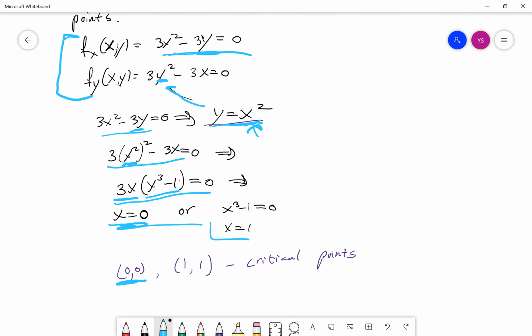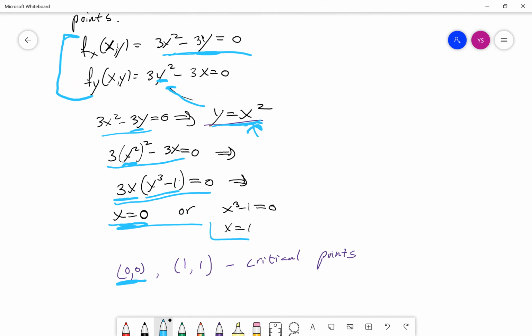Okay, so now that we have our critical points, we can look at the second piece of information that we need, which is our D of xy, which is the partial of fxx times the partial fyy, minus the partial fxy squared. So what is the partial with respect to x twice?